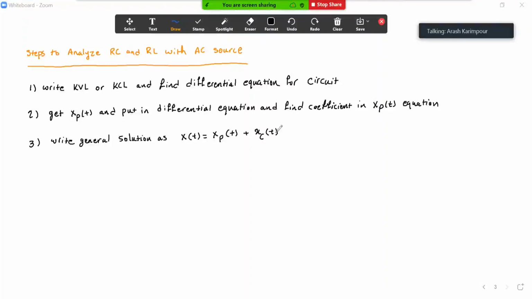Write it as that. And then for the xc(t), substitute the x(t) as this and put the xc(t). As I said, the xc(t) is going to be k e to the power of negative t over tau, and put xc(t) in the general solution.